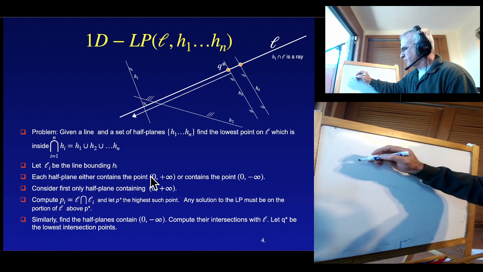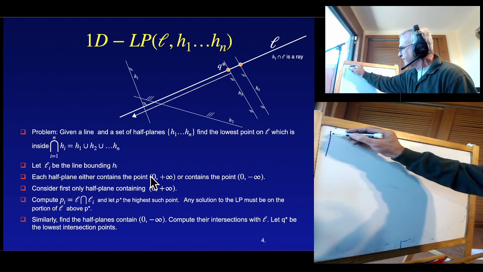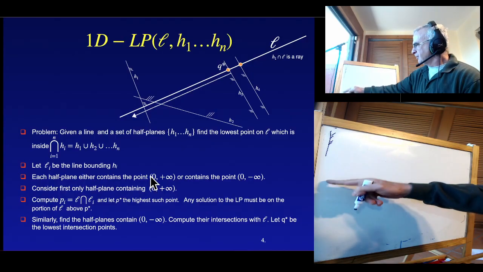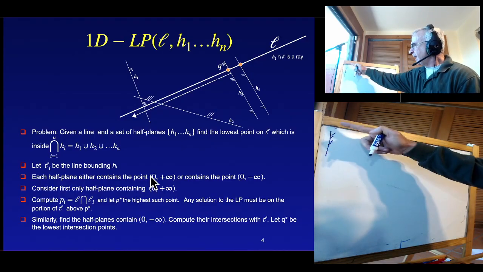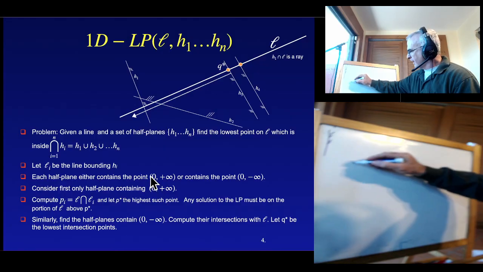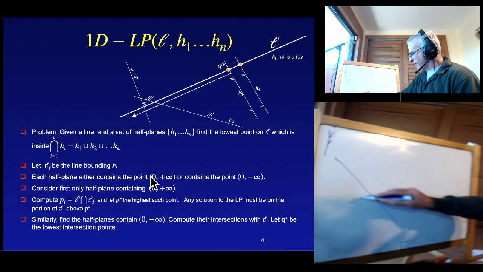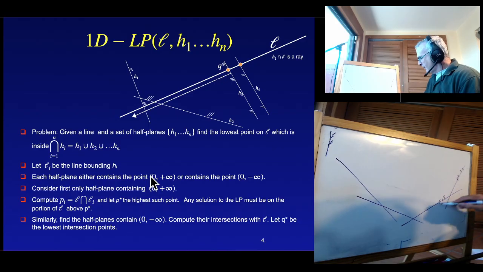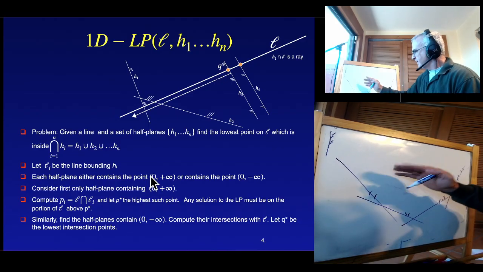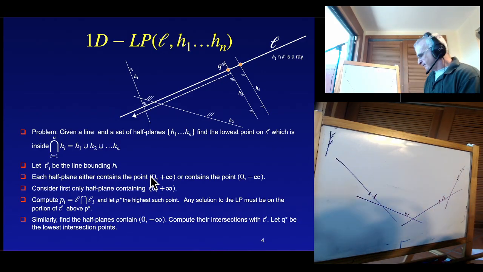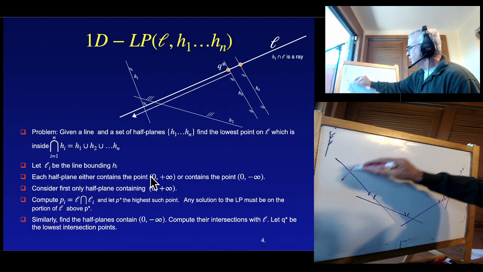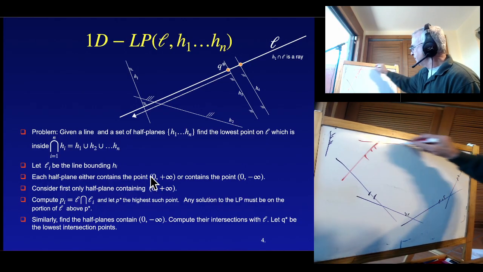So I will assume that I don't have a vertical half plane. No half plane is completely vertical, which means now that I can divide my half planes into ones that look upward and ones that look downward.